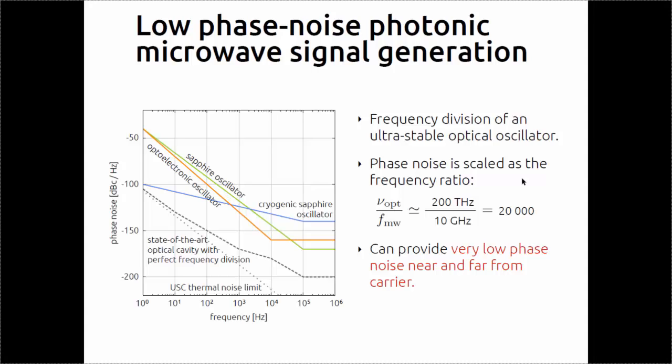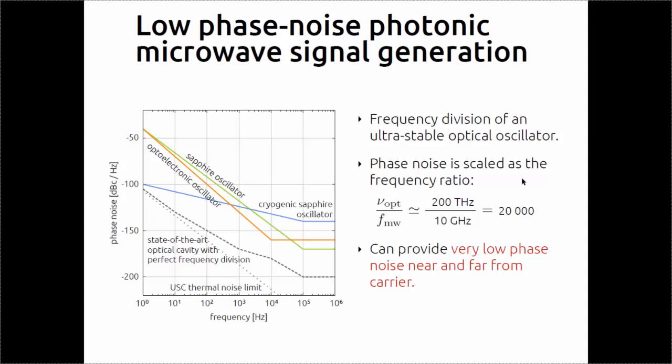And in this way, we obtain a division of the frequency, but also a division of the phase noise by a quite large number. So here I plot the standard performance of a number of microwave sources, and here I project what will be the phase noise of a microwave signal generated by frequency division of a kind of, okay, it was state of the art a couple years ago, now a modest optical cavity, and the dotted line here would be what we'll be able to do if this cavity would be working at its thermal noise limit.